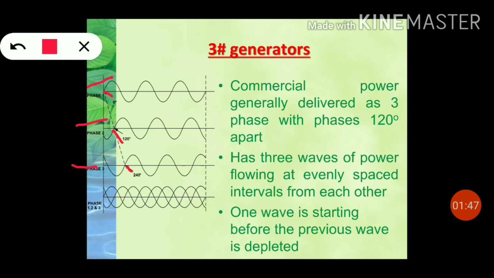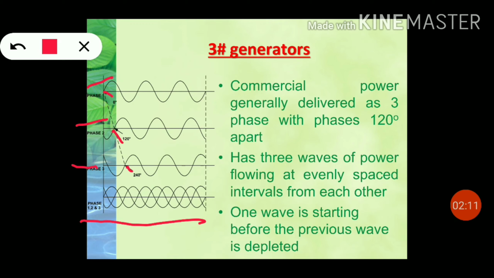So one wave is starting before the previous wave is depleted. You can see how the waves are generated in three-phase generators. We understand each phase in terms of degrees rather than in terms of time.